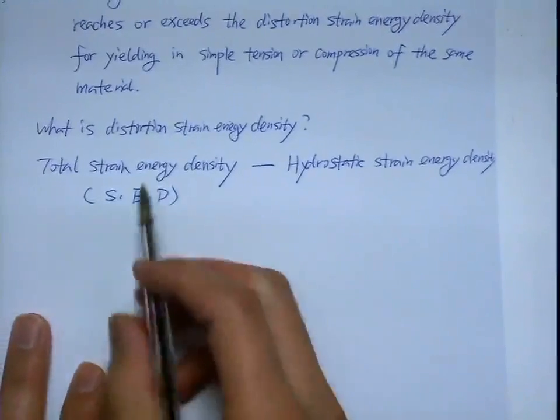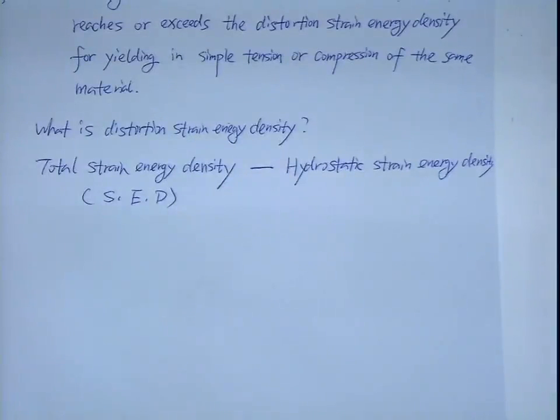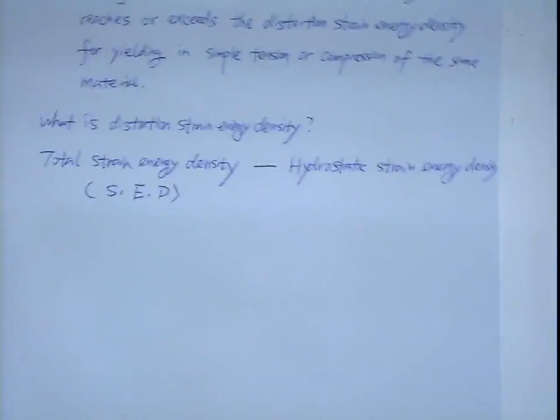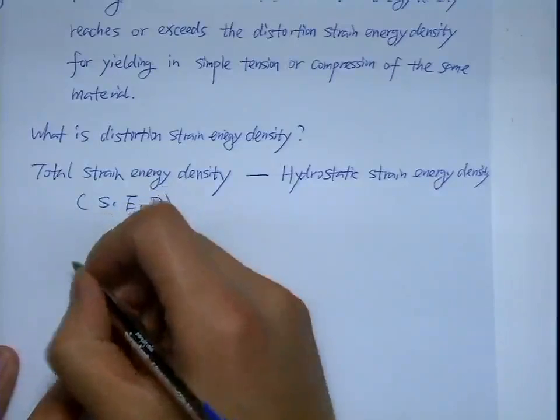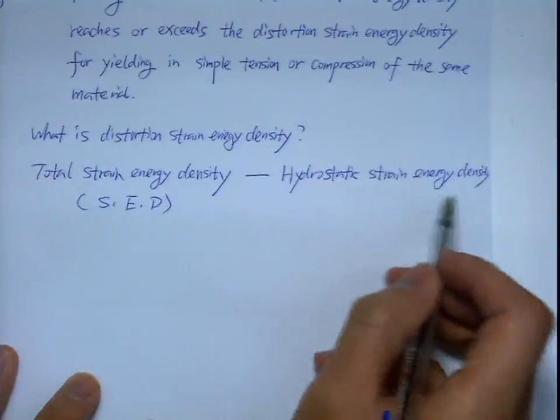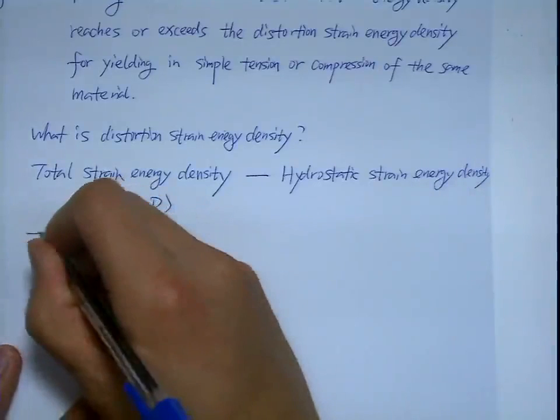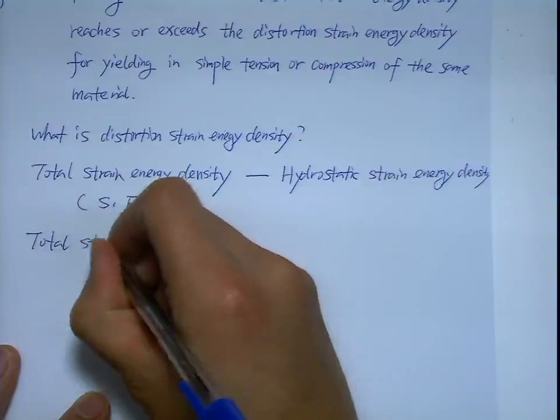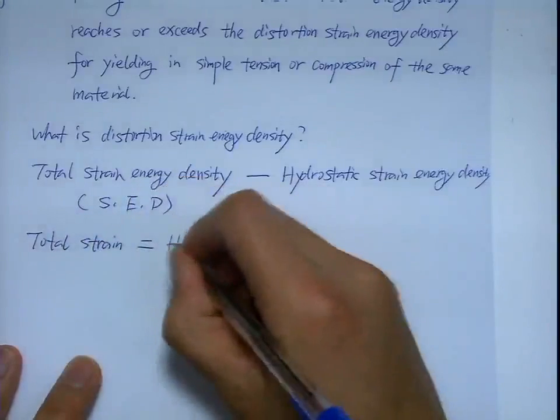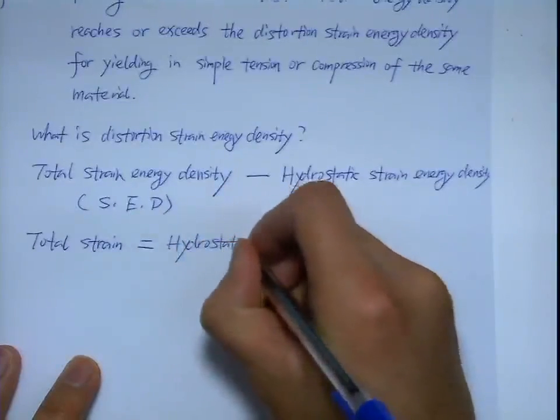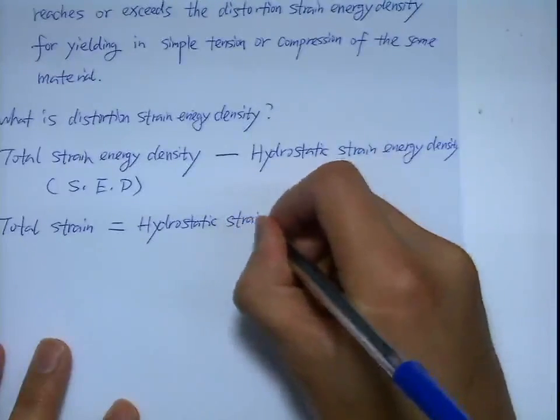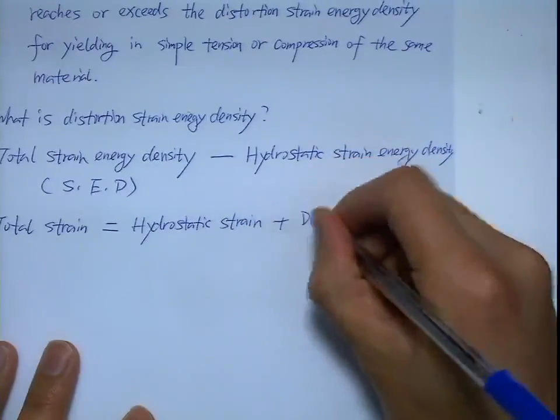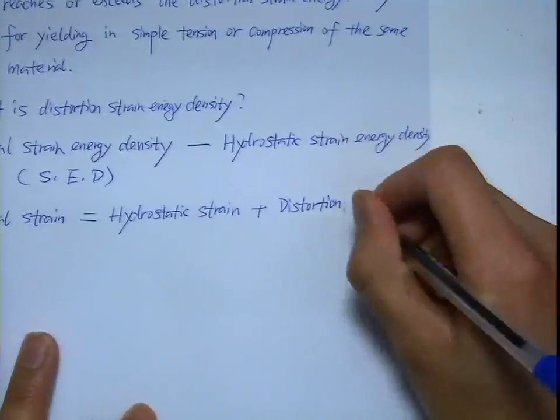Okay, so how do we go through that? It will be a long math, but after you go through that, you really understand the physical meaning of the Von Mises criterion, rather than I give you the equation and you don't know where it comes from. Okay, so to get this hydrostatic strain energy density, we need first of all to let you know total strain is equal to hydrostatic strain plus distortion strain.